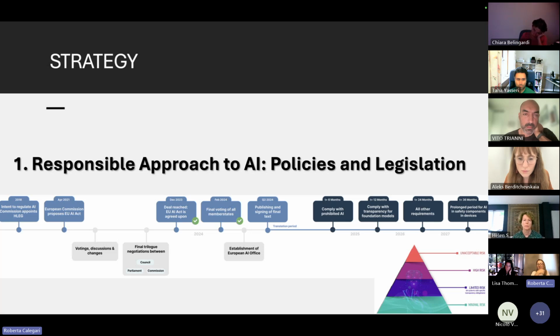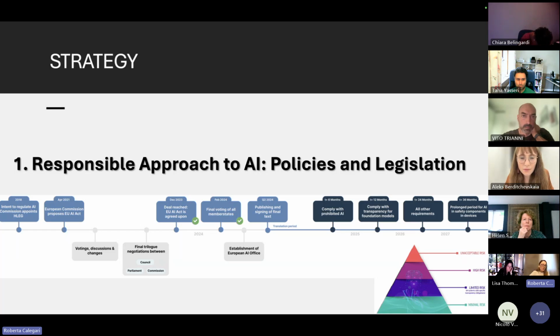And actually, I'm very happy to say that here in Europe, we made a long journey for the legislation. It started in 2018 with the ethical guidelines for trustworthy AI, where they drafted requirements for having trustworthy AI, and now we have the AI Act that, even if it is not perfect, is at least a regulation and something where we can start from.